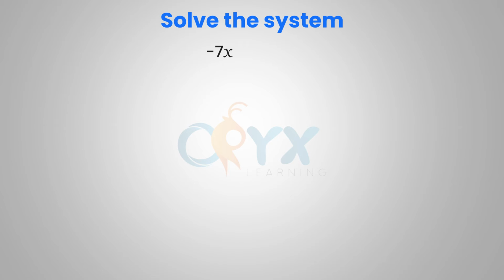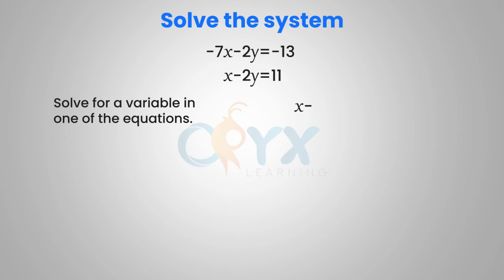Solve the system. Negative 7x minus 2y equals negative 13. x minus 2y equals 11. So let's first look at the equation x minus 2y equals 11. I need to solve for a variable in one of the equations, and that's the one I'm going to choose.